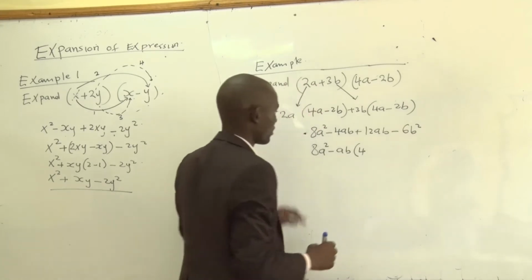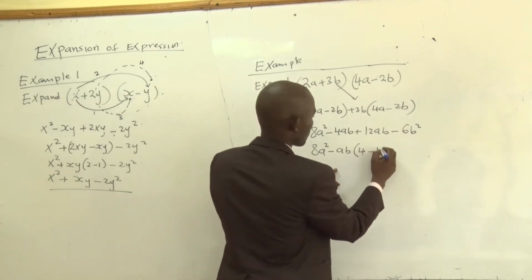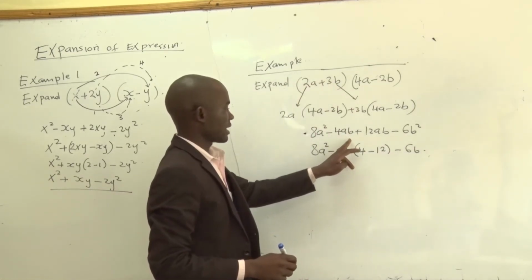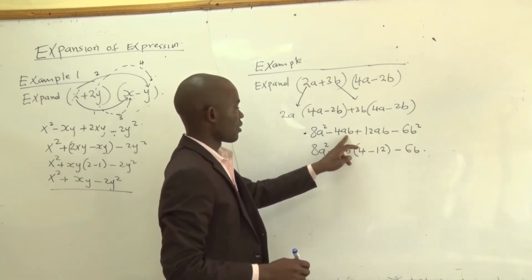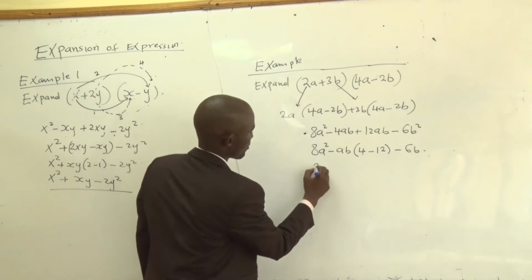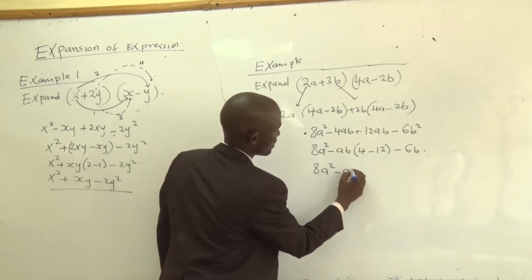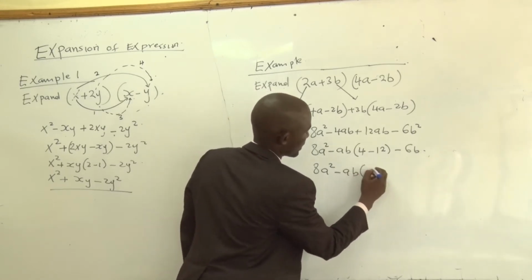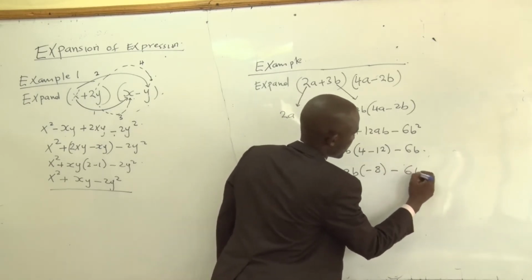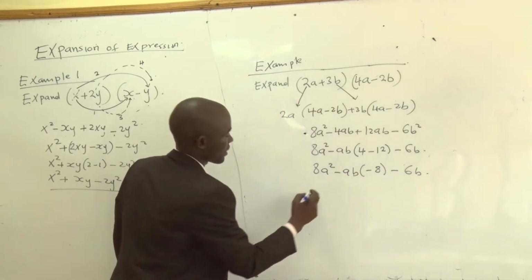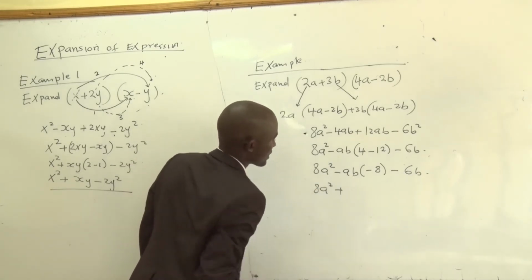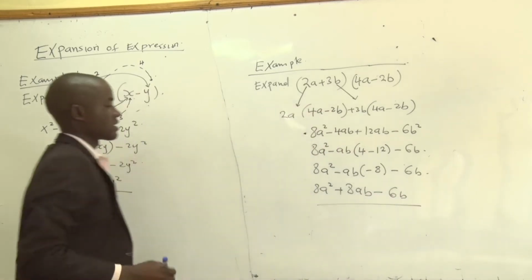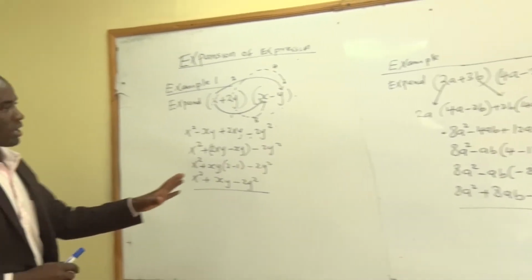I remain with minus 4 plus 12 minus 6b. I've factored out ab. So 4 minus that is 8 minus 6b. You will get 8a squared plus 8ab minus 6b squared. That is your answer.